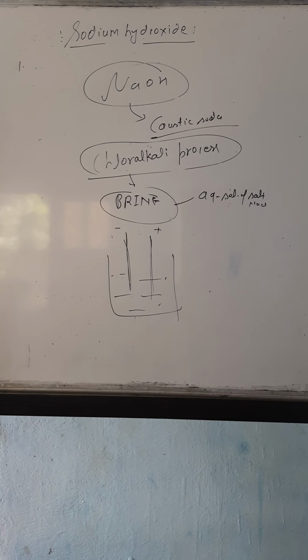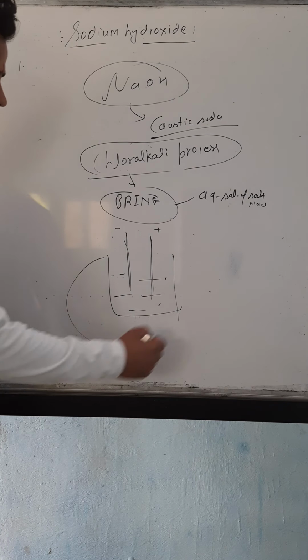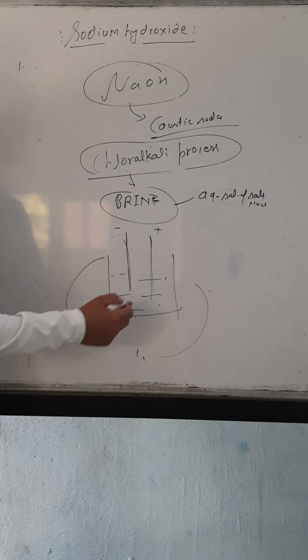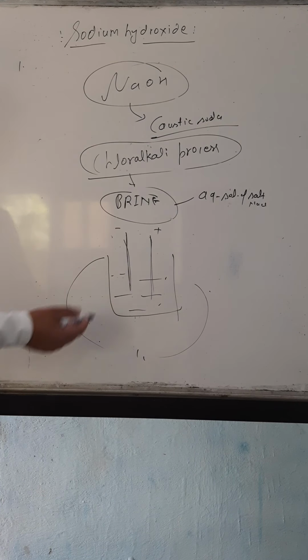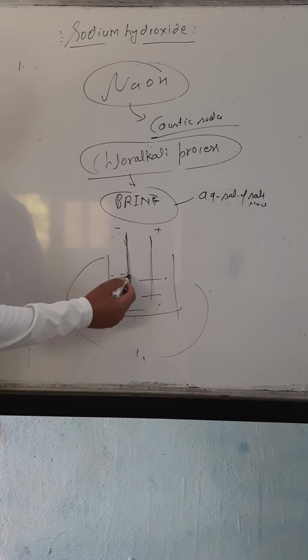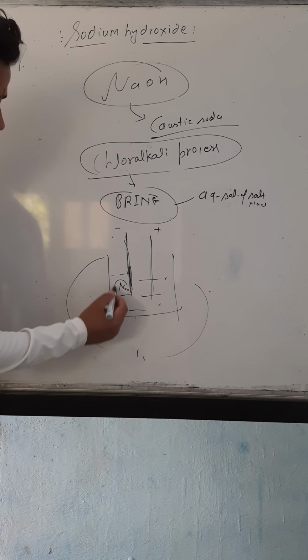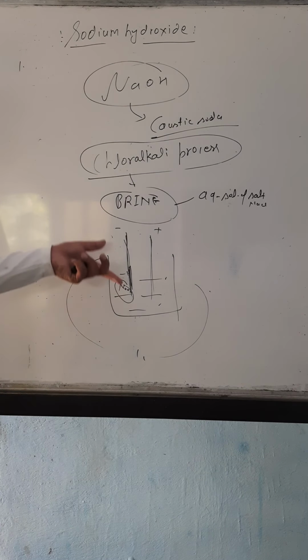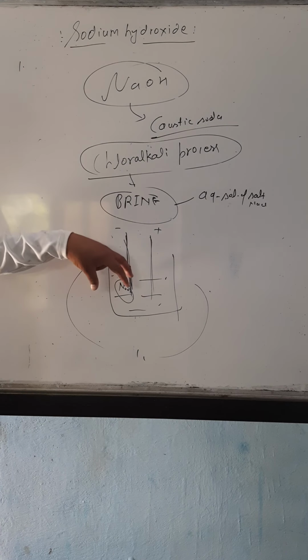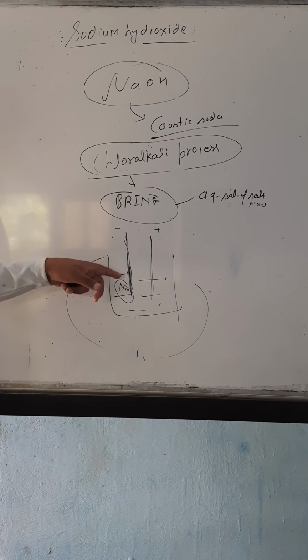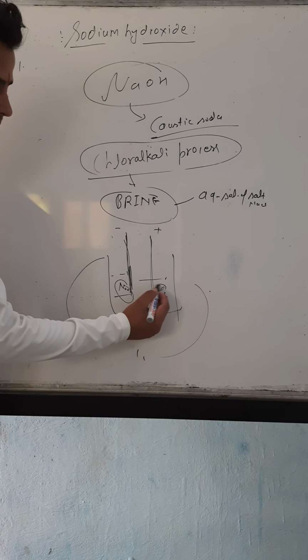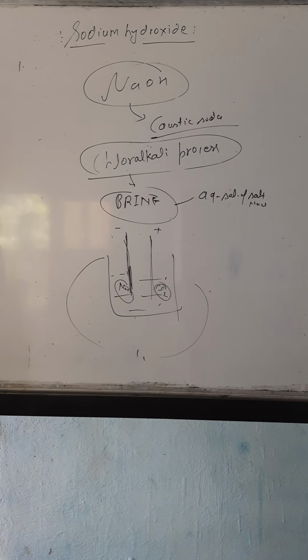When you pass electricity through the solution, what will happen? NaOH will form at the cathode side, and on the anode side chlorine gas will emerge.